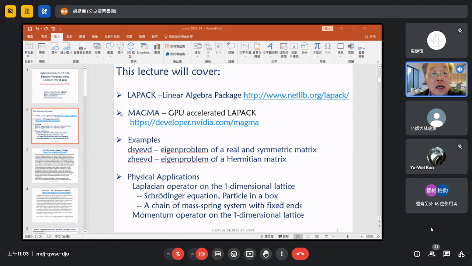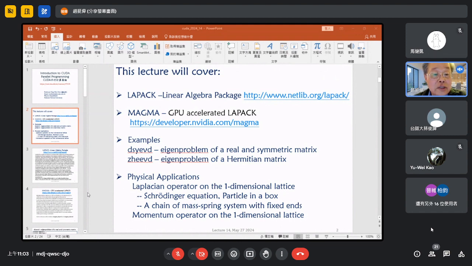Again, I have to query for the workspace sizes, then allocate the memory for the workspace, and then call this routine.